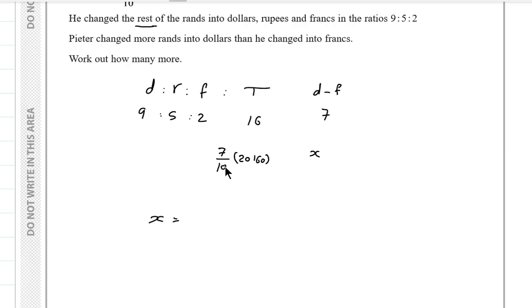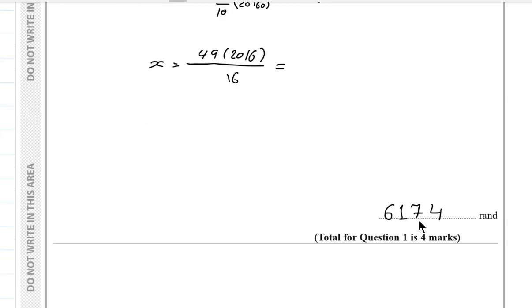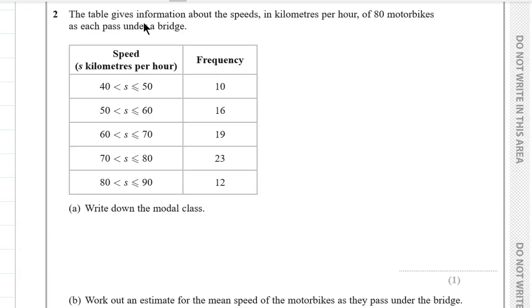Here this 0 can be cancelled with this 0, so I will multiply 7 times 7, which is 49, times 2016 divided by 16. And the answer should be 6,174 Rand.